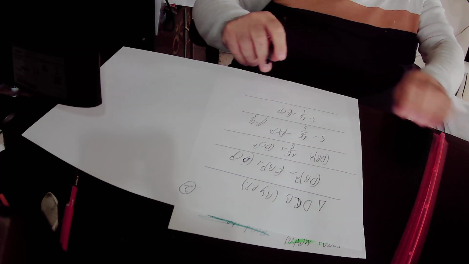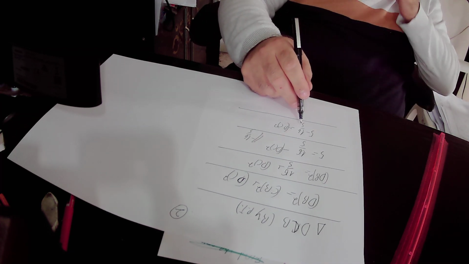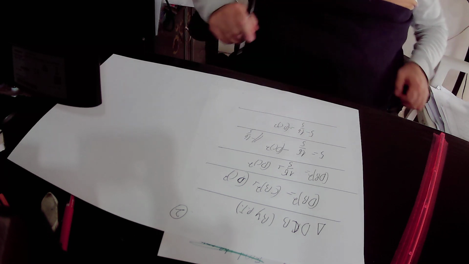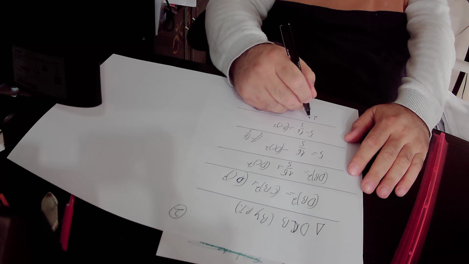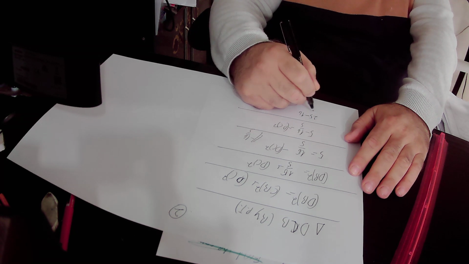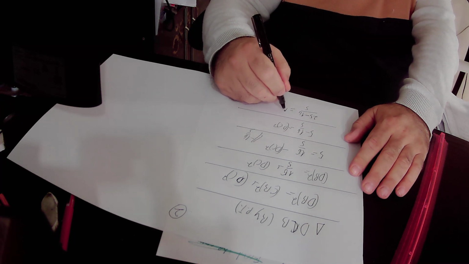Here we multiply 5 by 5 and then we divide it by 5 in order to have a common factor with this expression. And we find out that 5 times 5 is 25, minus 16 over 5, that is equal to DC squared.